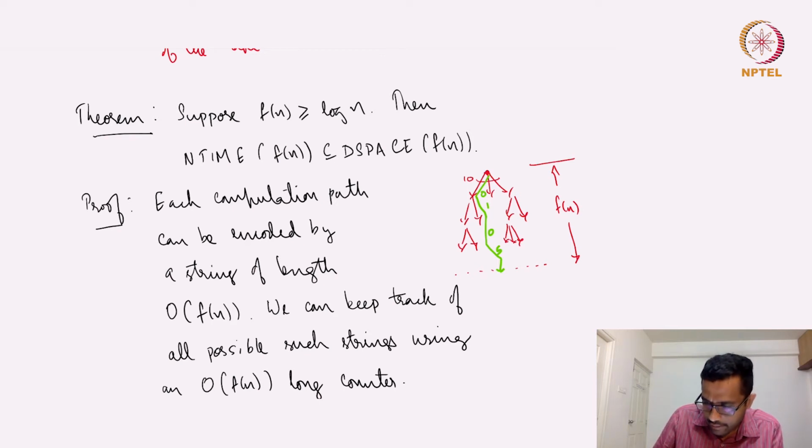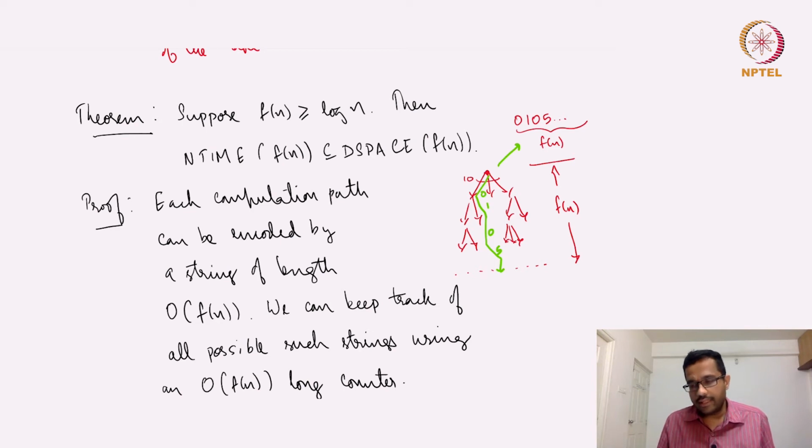So I can write the identity of this path as 0, 1, 0, 5, and so on, because I first took branch 0, then 1, then 0, then 5, where this string is of length f(n), right? So each path that the machine takes can be encoded by a length f(n) string.